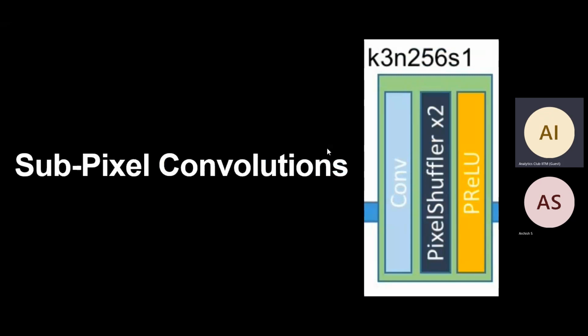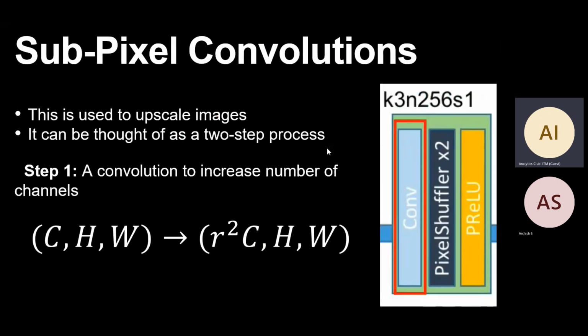We'll be looking at subpixel convolutions now. You can think of subpixel convolutions as a two-step process. First, you increase the number of features in your image by a particular factor.